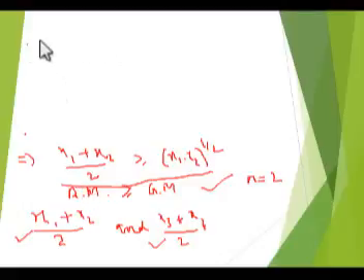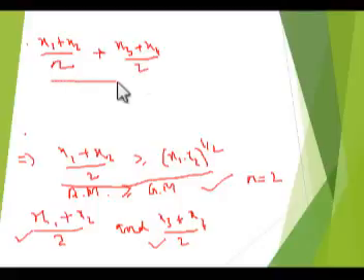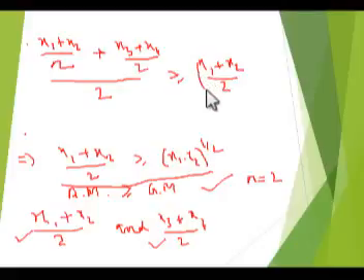If we put here, then it will be (x1 plus x2 by 2 plus x3 plus x4 by 2) by 2 greater than or equal to the square root of (x1 plus x2 by 2) into (x3 plus x4 by 2).